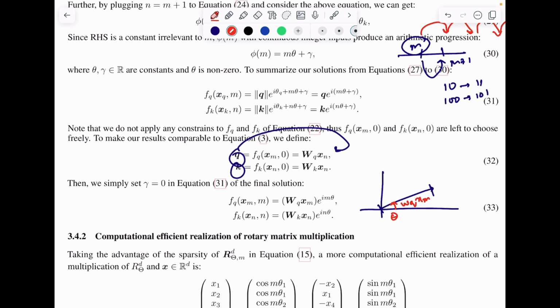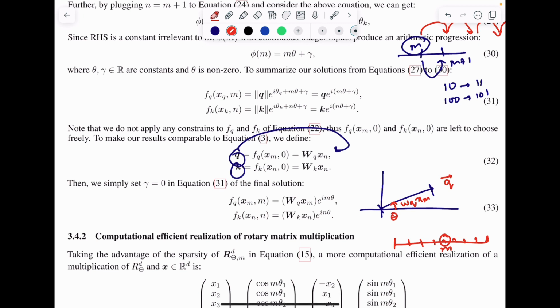That means the vector is given to you independent of the current position. Now let's say there is a sequence of tokens represented as a sentence. Now let's say you had this vector q. This q vector is to be placed at position m.